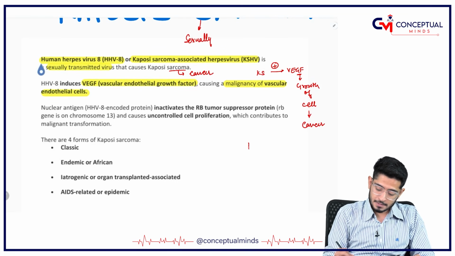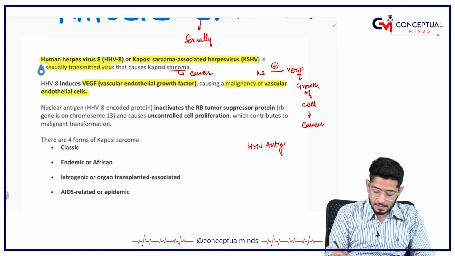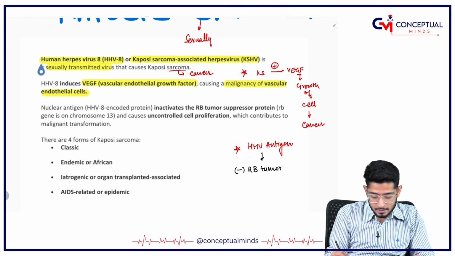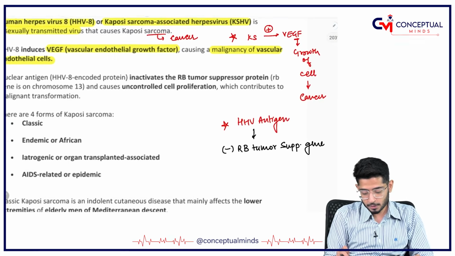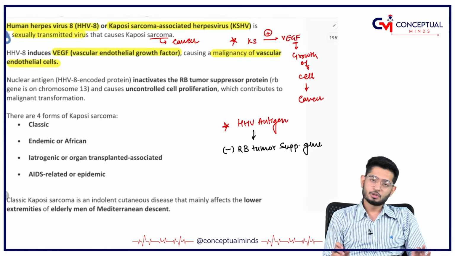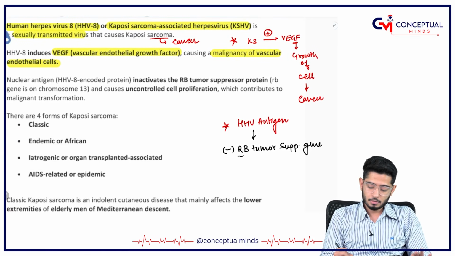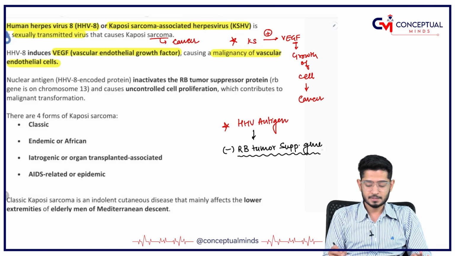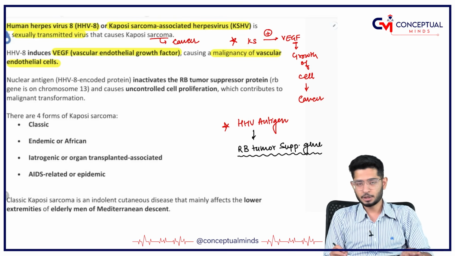So, what is the genetics behind it? HHV has got an antigen. So, I will write it like this. HHV antigen, my dear children, is responsible for inactivating the retinoblastoma tumor suppressor gene. So, please understand. There is a tumor suppressor gene called the RB tumor suppressor gene, which was suppressing the tumor.